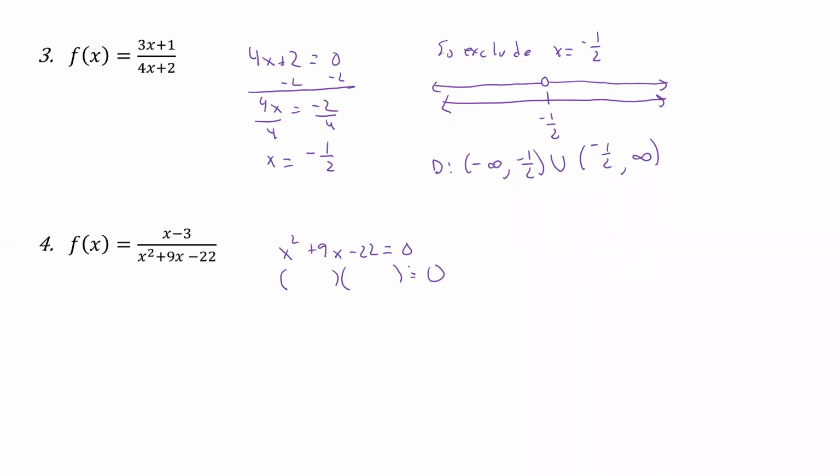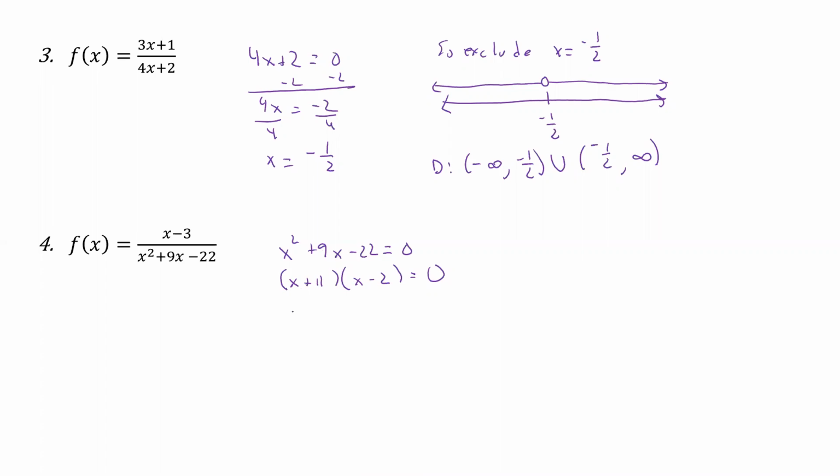But this one, I think I see a way to factor it. What factors of 22 subtract to give us 9? Well, 22 is basically 2 times 11, and 11 minus 2 is 9. So if I take x plus 11 and x minus 2, those are going to be the factors here.